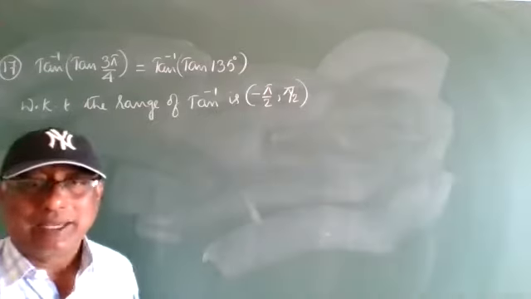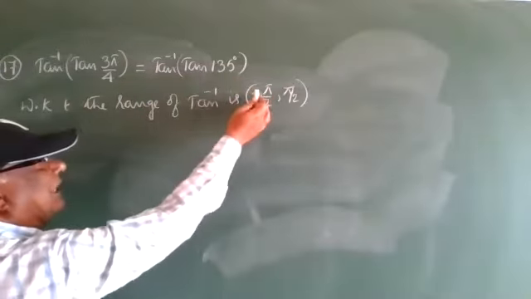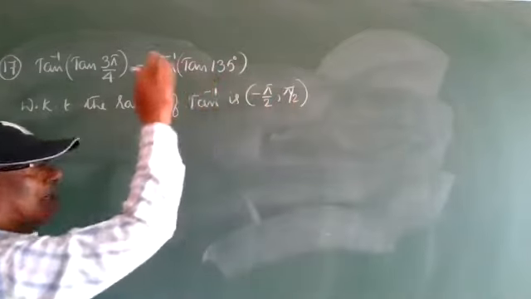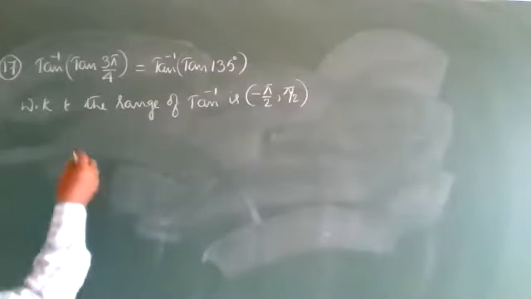But 135 degrees is not in the range, meaning it is a repeated value, so no inverse is defined.